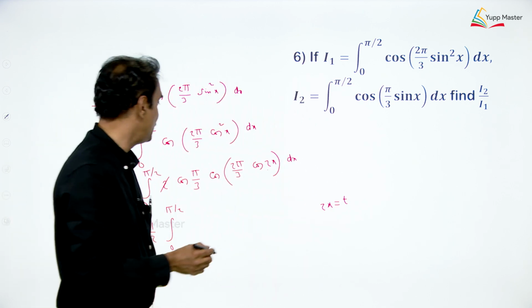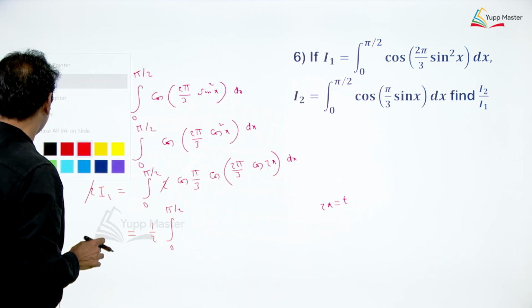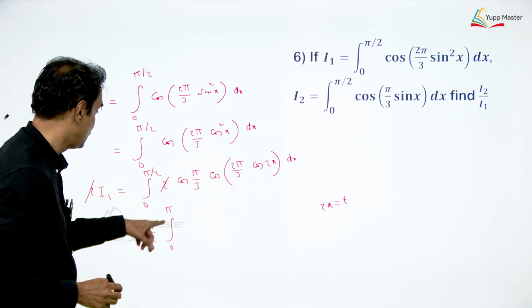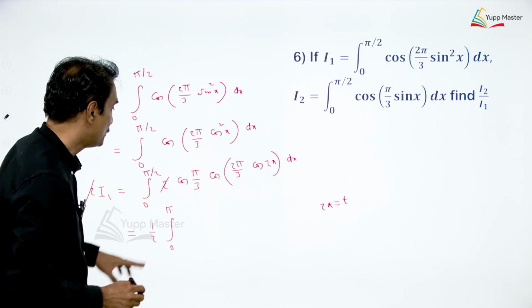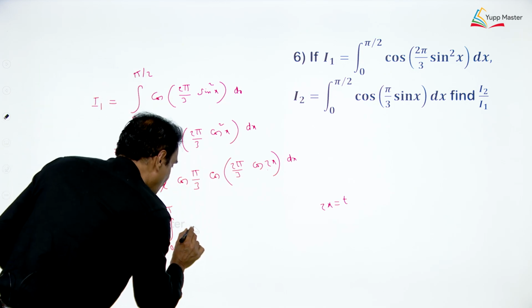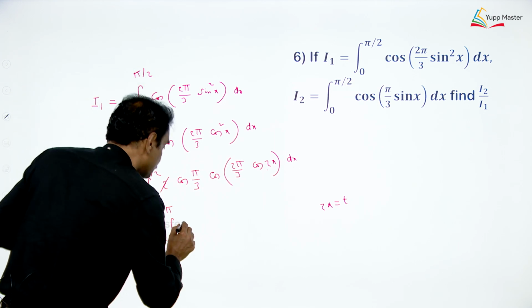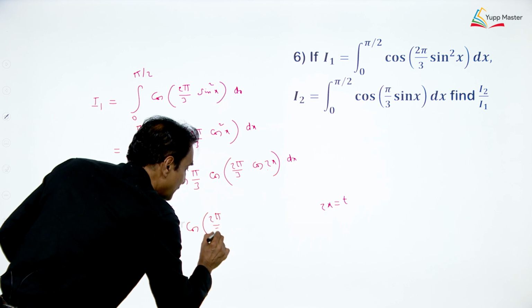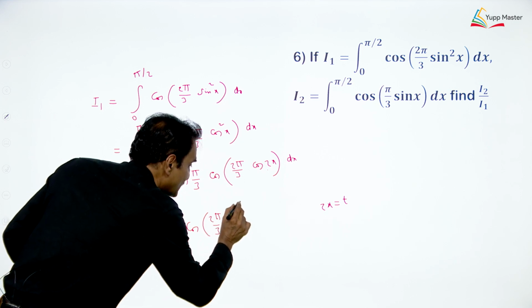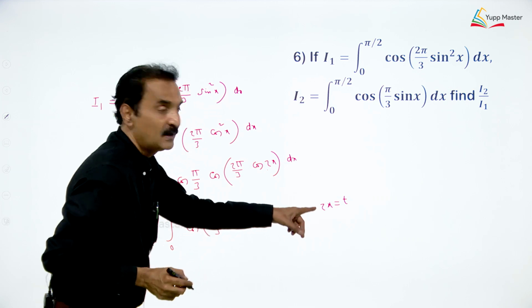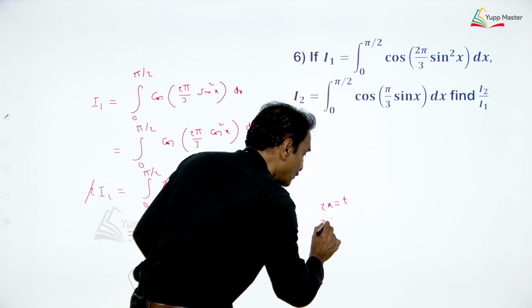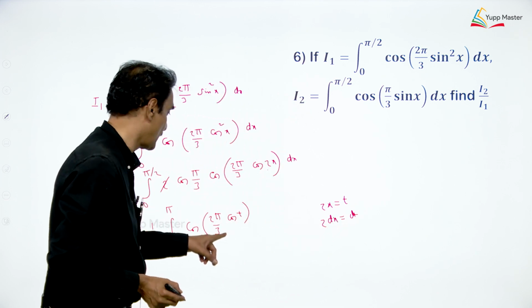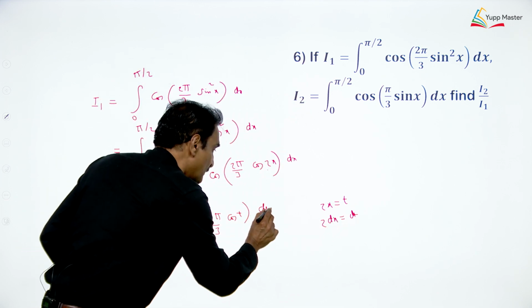Putting 2x is equal to t, what happens to the limits? Limits will become 0 to pi, half into integral 0 to pi cos of two pi by 3 into cos t into, if you differentiate 2 dx is equal to dt. So, dx is dt by 2, dt by 2.